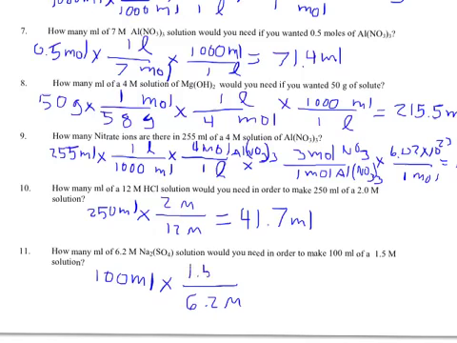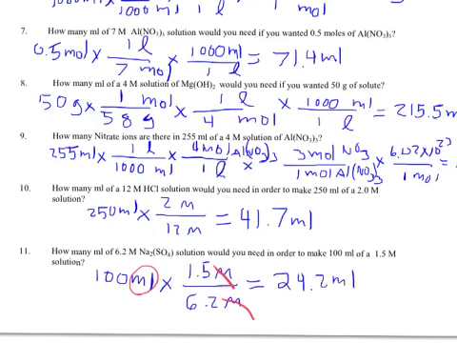I want to end up with 1.5 moles per liter. And so you notice the big M's cancel out, leaving me with milliliters. So I'm just going to say 100 times 1.5, that's 150, divided by 6.2, and that's going to give me 24.2 milliliters.